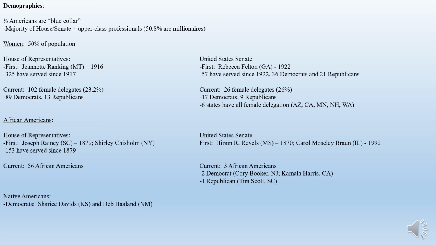From 1979 until 1993, you do not have any African Americans serving in the Senate. That is until Carol Moseley Braun is elected in 1992. She serves 1 term in the Senate from 1993 to 1999.